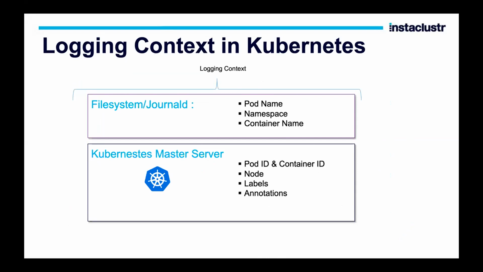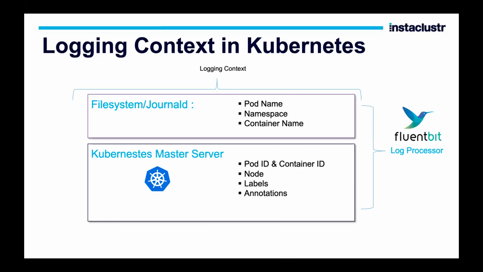So container information, pod ID. How do you correlate it? You need some kind of a log processor that can contain all that information and process that log. And that log processor, which we are going to talk about today, is Fluent Bit.